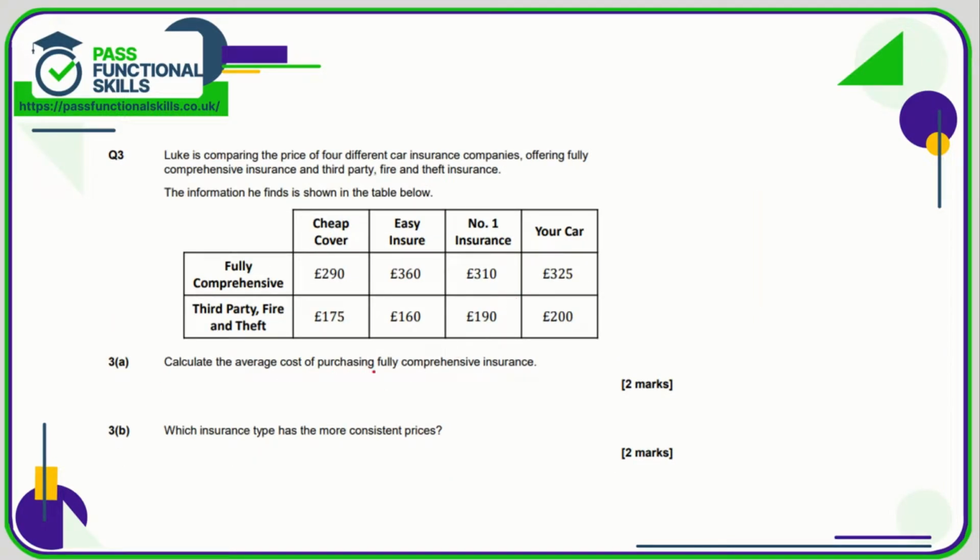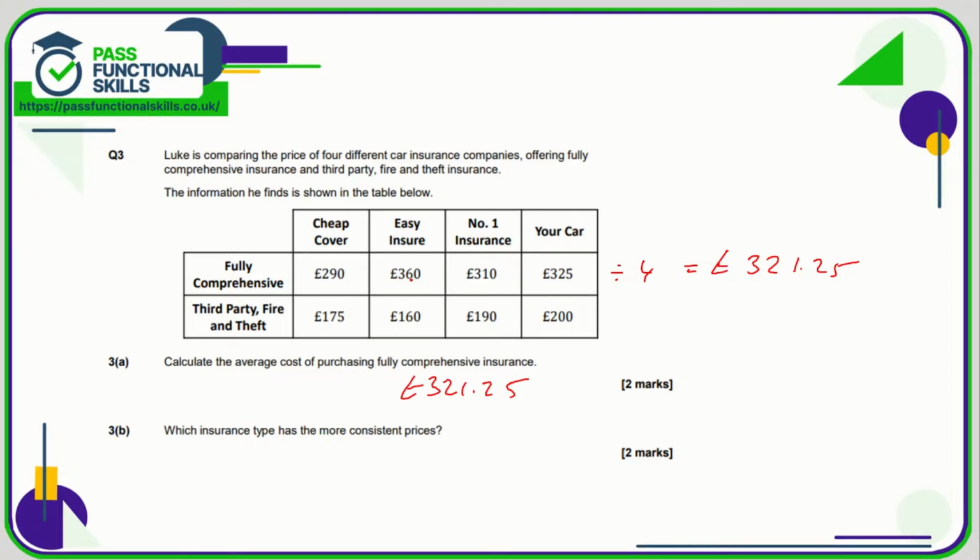Question number 3, the average cost of purchasing fully comprehensive insurance is going to be these 4 figures added together. And if you add them together and divide that by 4, you get £321.25. So which insurance type has the more consistent price?